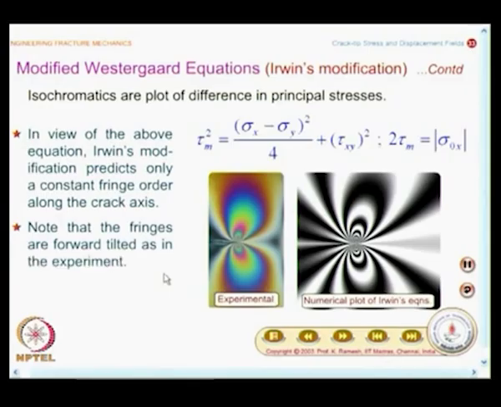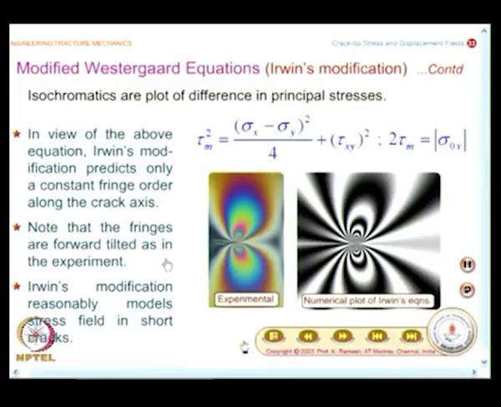And this is what I said, a simple modification by Irwin has helped you to capture even the tilt of the fringes. This was inclined like this, and it is becoming straight as you go close to the crack tip, and that is what you see in the fringe patterns.